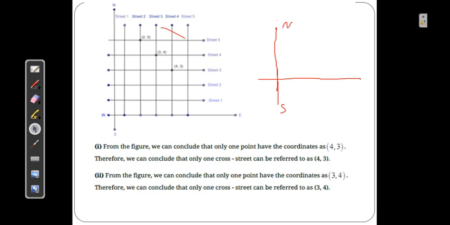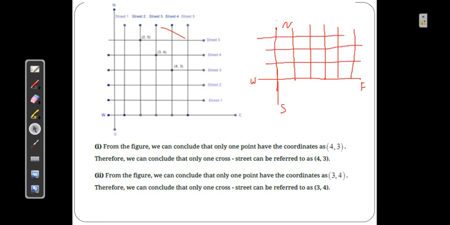So five roads parallel to this direction: one, two, three, four, five, and five roads parallel to the other: one, two, three, four, and five, increasing that length. Here also one, two, three, four, and five.